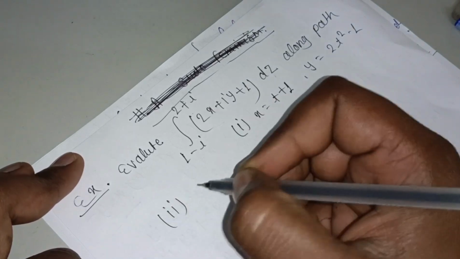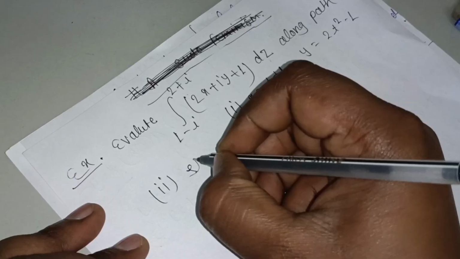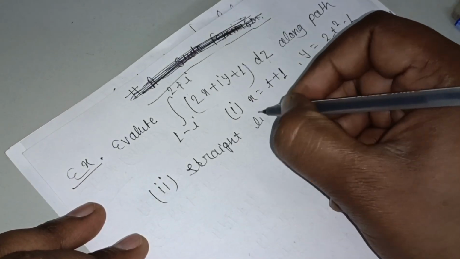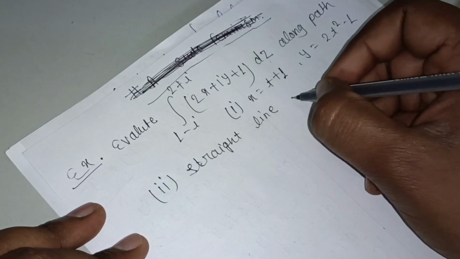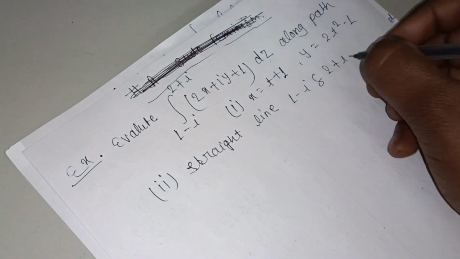Second, straight line, straight line, 1 minus iota and 2 plus iota.